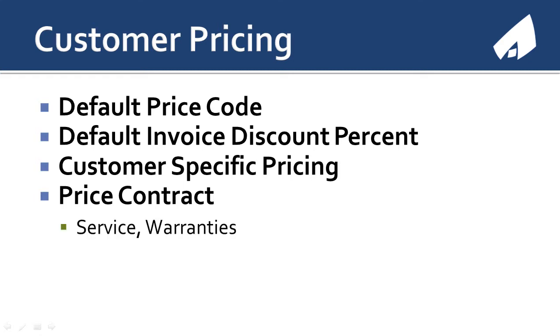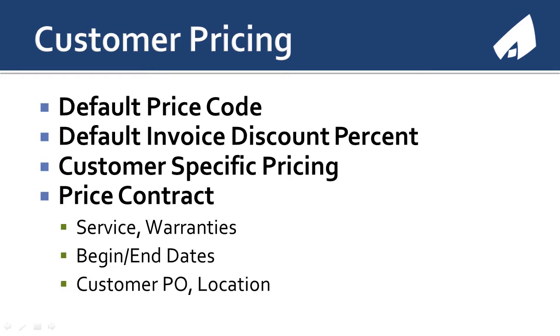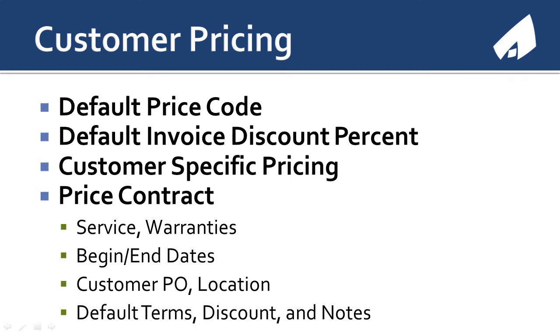You also have the ability to select begin and end dates, a customer PO number, default ship to location for said contract, default terms information, discounts, and even a note for what this contract is for. The contract is set up prior to adding it to the list of prices on the Prices tab. Once set up, users can select the contract ID on the Prices tab and then specify what products or services are included in this contract.